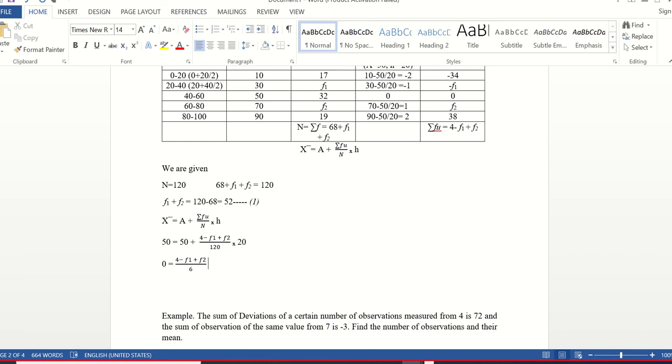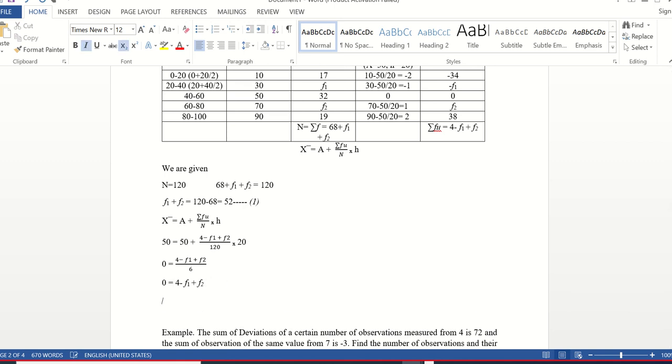Now I will cross multiply 6 with 0, so it will become 0. So 0 equals 4 minus f1 plus f2. This will come to the right hand side.